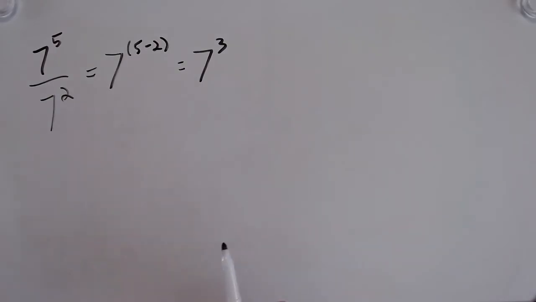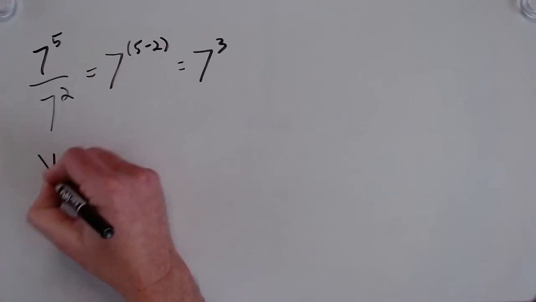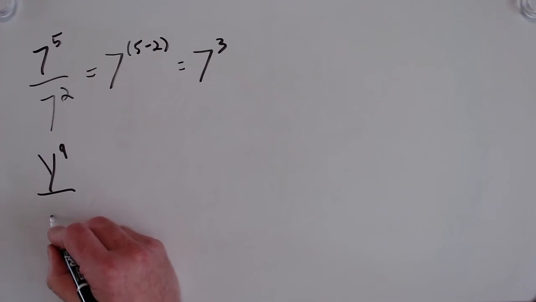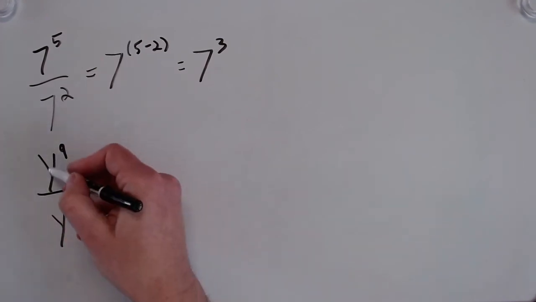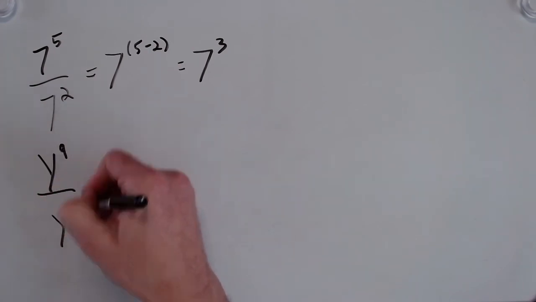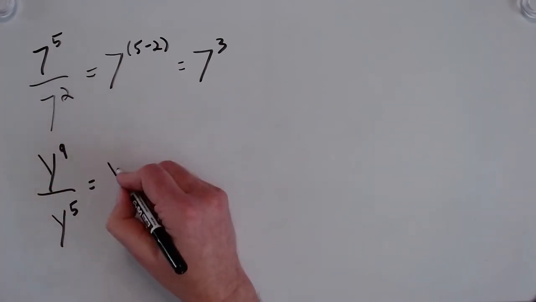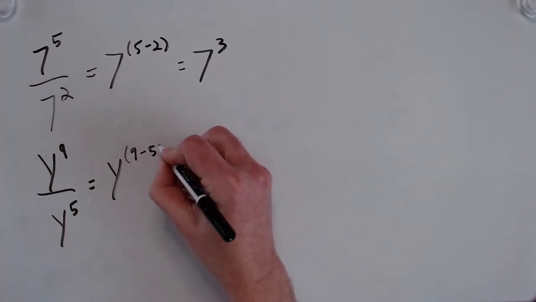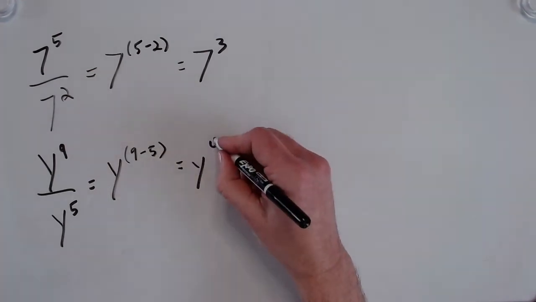Let's take a look at some variables, like y to the 9th over y to the 5th. Again, it's the same base with different exponents, so we can just subtract the exponents. This is equal to y to the power, that is 9 minus 5, or y to the 4th.